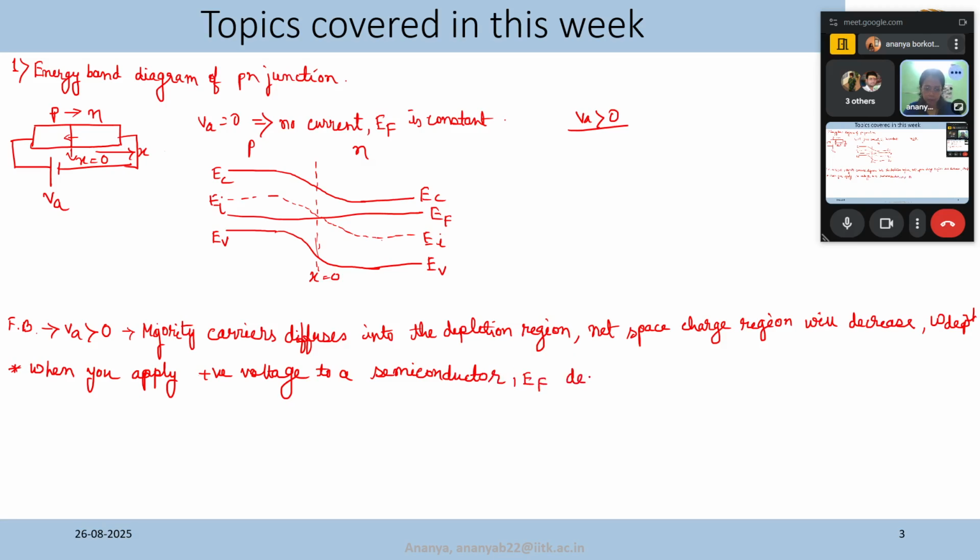EF decreases, electrons decrease basically. Similarly, when you apply negative voltage to a semiconductor, EF increases.